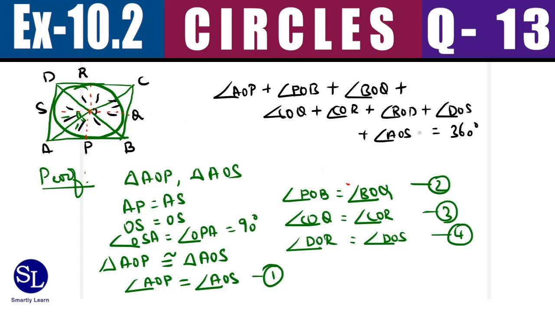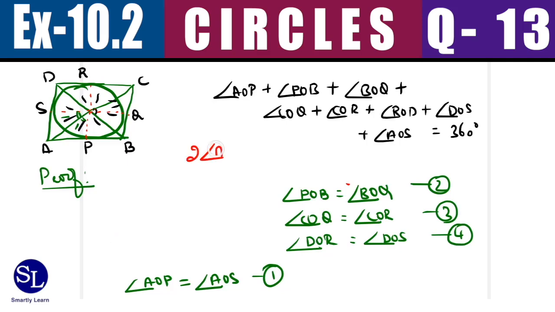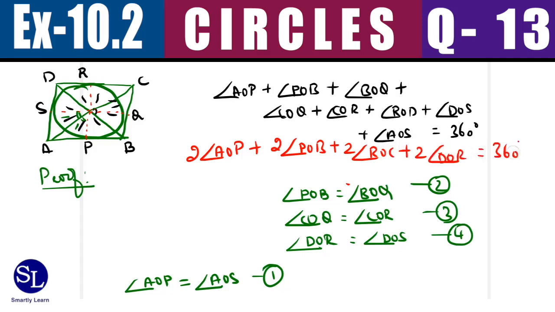So the sum of these angles is equal to 360 degrees. But now that we already know this property, angle AOP is equal to angle AOS. So I'm replacing them, and we get 2 times angle AOP plus 2 times angle POB plus 2 times angle ROC plus 2 times angle DOR is equal to 360 degrees.